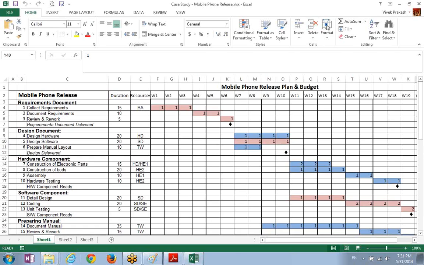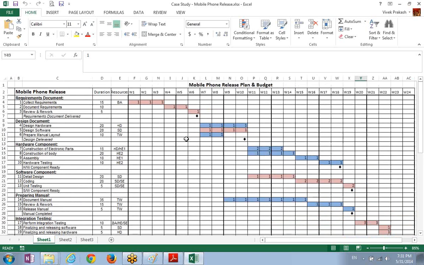See, look at this. I can create it with Microsoft Project also, but I created it with this Excel sheet, because anybody can do it.